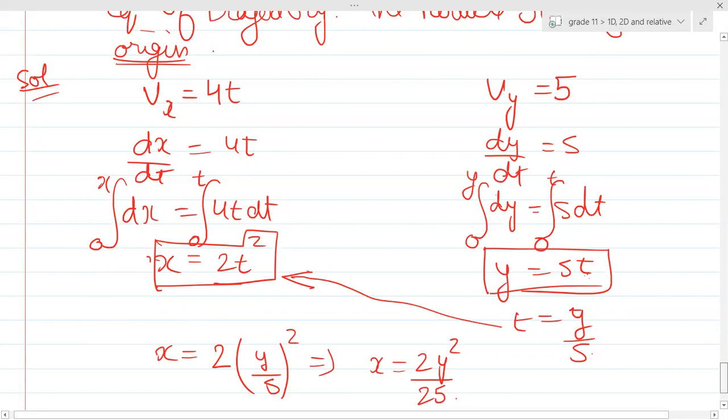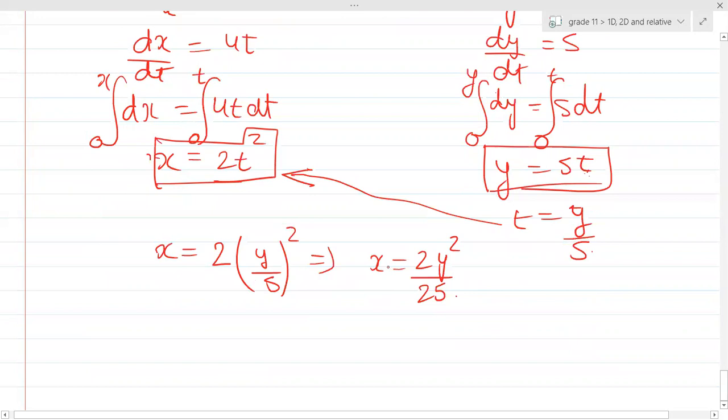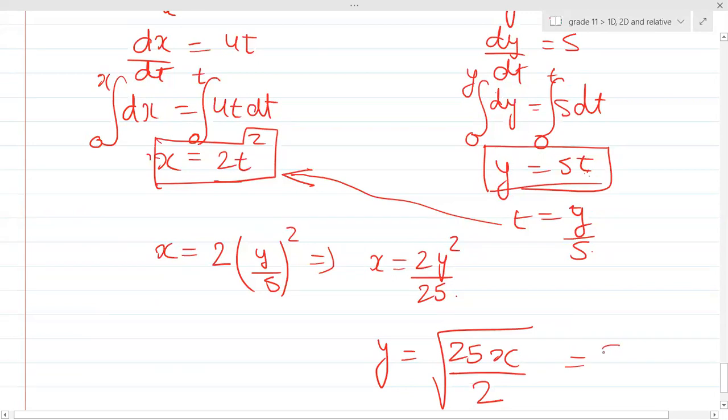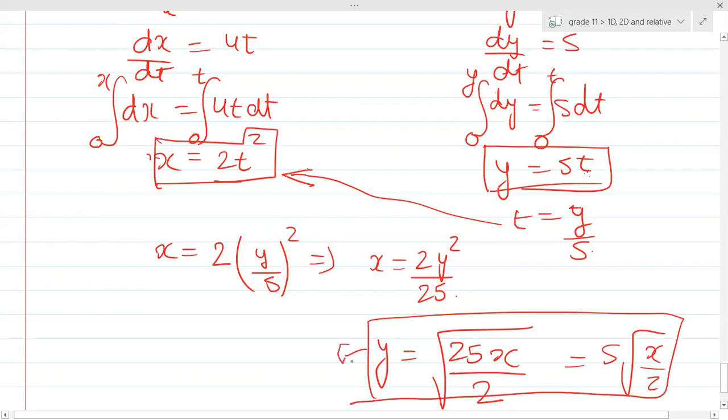Yes or no? Yes, sir. But do I want x as a function of y? Do I want y as a function of x? So y will be, sorry, square root of 25x upon 2. And that is the equation of trajectory. Is this clear?